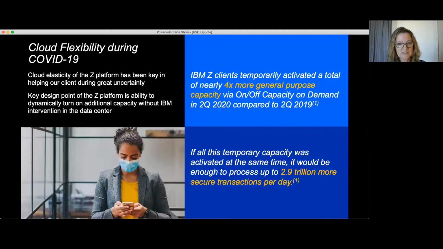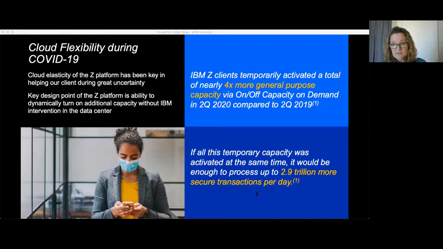Right. As I also mentioned, with that increase of online demand and those digital channels, with more and more individuals shopping online, working online, everything is digital at this time, cloud elasticity has been absolutely critical.